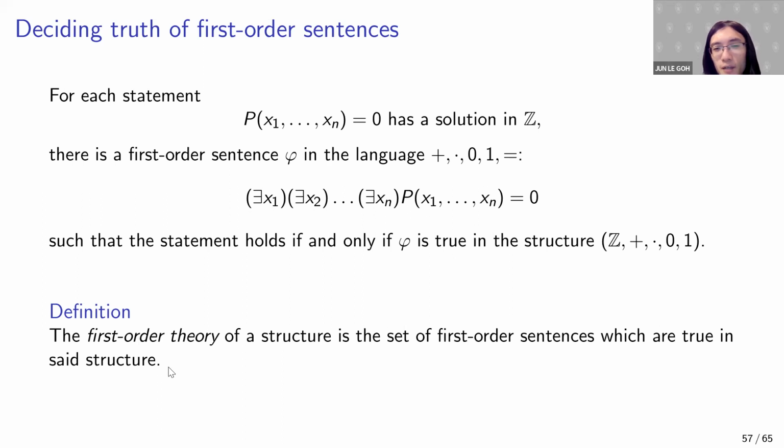As a special case, this subsumes Hilbert's 10th problem, because each of these questions that Hilbert's 10th problem is interested in can be phrased as one of these sentences. And so if we are able to figure out what the first order theory is, we would be able to solve Hilbert's 10th problem.